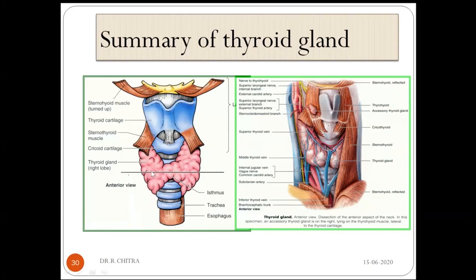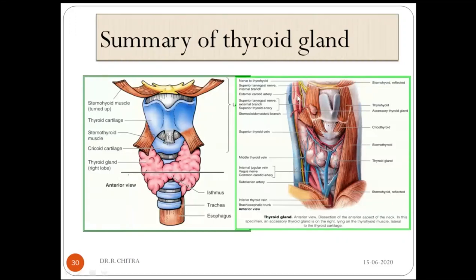This is the anterolateral surface of the lobe, this is the medial surface, and behind this is the posterolateral surface, so that we have two borders, anterior border and posterior border. Then we have the isthmus, with its upper border and lower border, and the relations of these lobes and isthmus we have seen in detail.